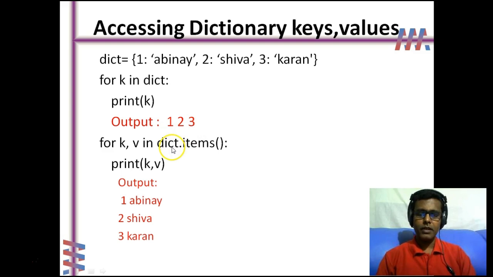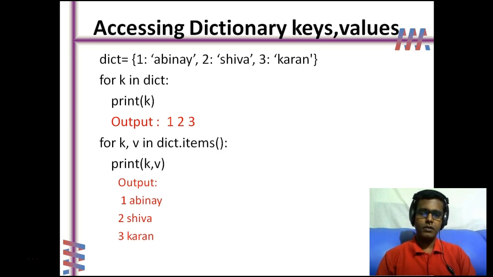But when you look at the next for loop, for k, v in dictionary dot items, colon. Here I am going to print two values, that is print k comma v. When I refer to this dictionary dot items, it retrieves both the keys as well as the values.